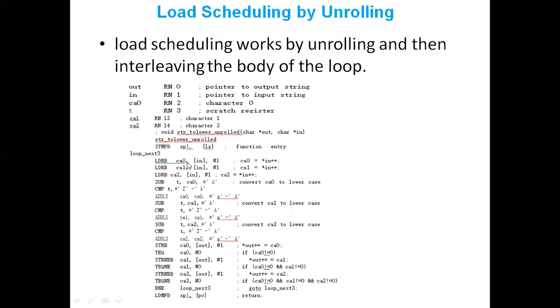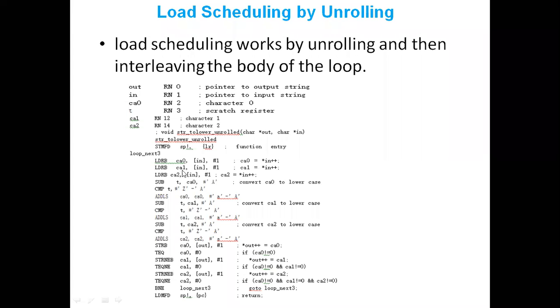In the second loop, 3 more characters will be converted. In the third iteration, CA0 will hold the seventh character, whereas CA1 is holding a character which lies outside the boundary of the string. And in fact, CA2 is also pointing out of the boundary of the string. So these two are pointlessly pointing outside the string.